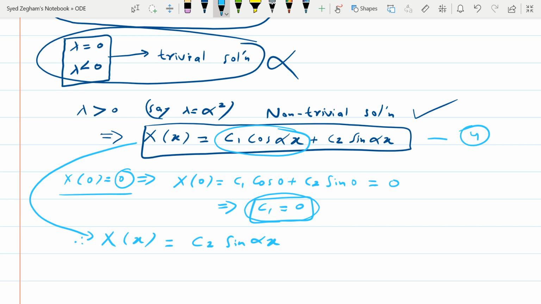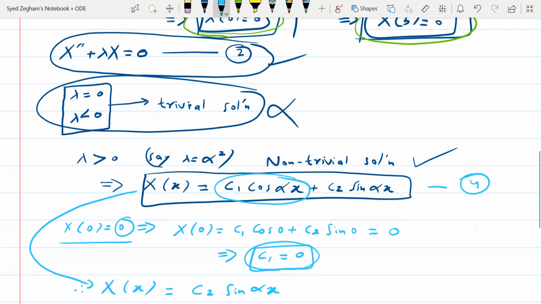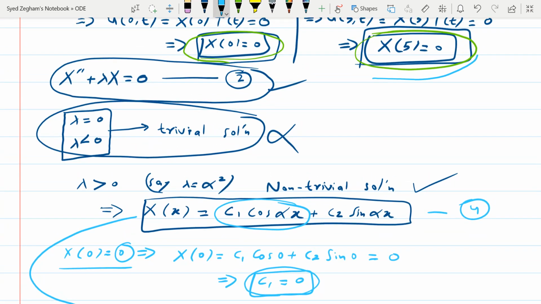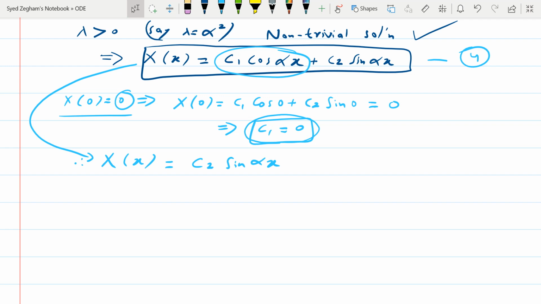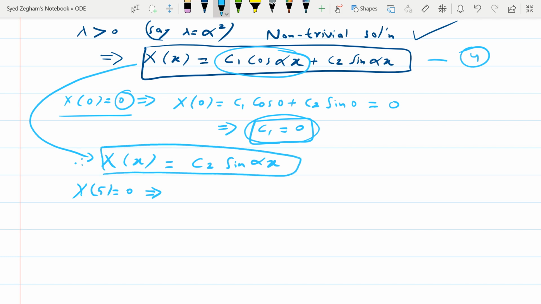Now let us see if we can do anything else. Yes, we can, because we have another useful condition, that X at 5 is also equal to 0. Let's use it. So when we put x equal to 5 here, what we get?